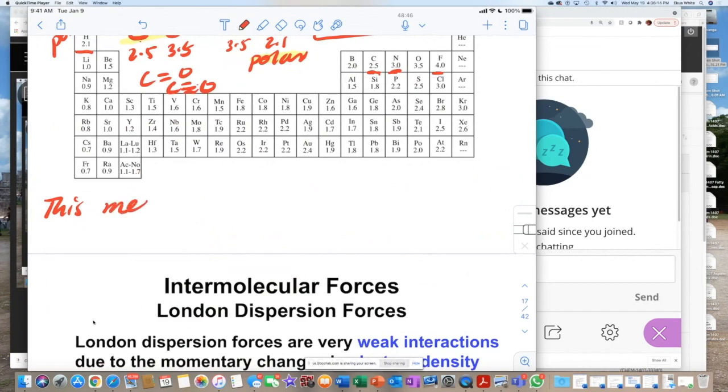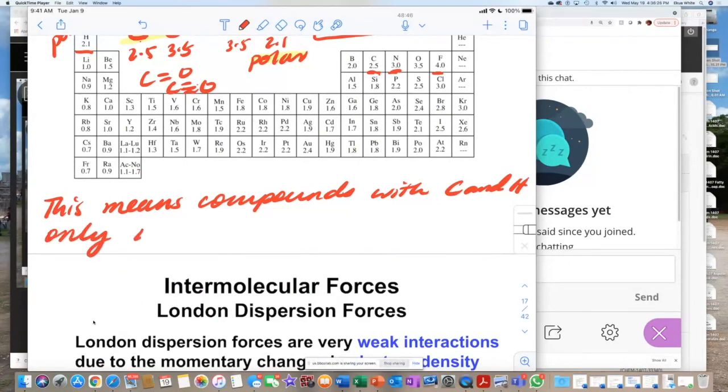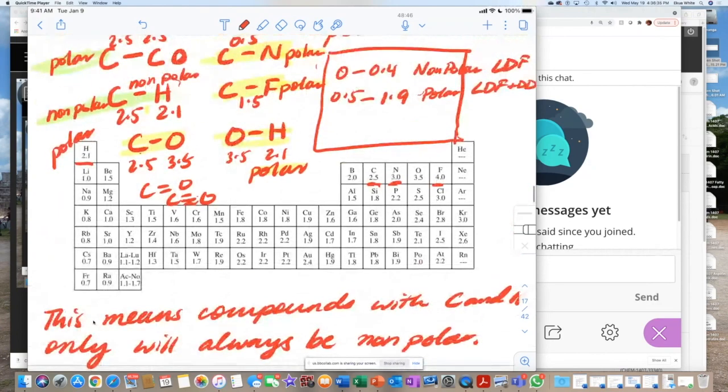This means compounds with carbon and hydrogen only will always be nonpolar. Why? Because all the bonds are nonpolar. To have a polar compound, the prerequisite is your bond has to at least be polar.